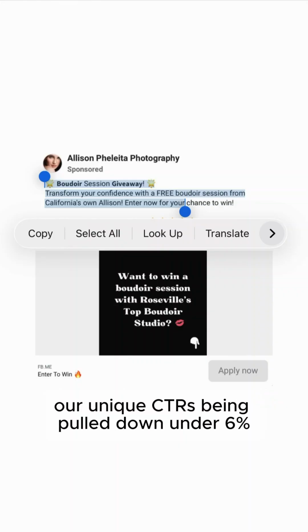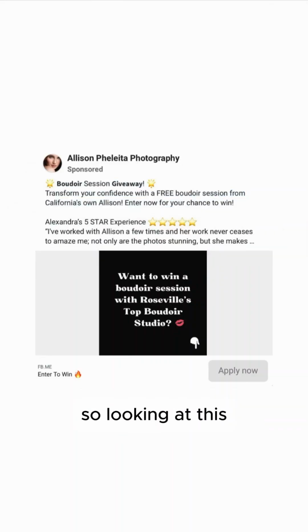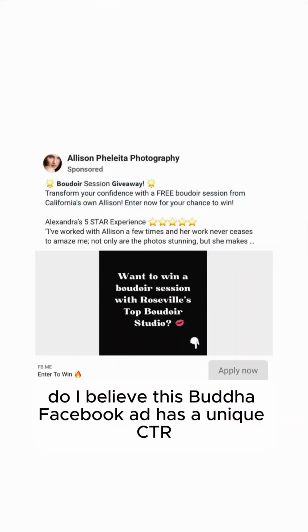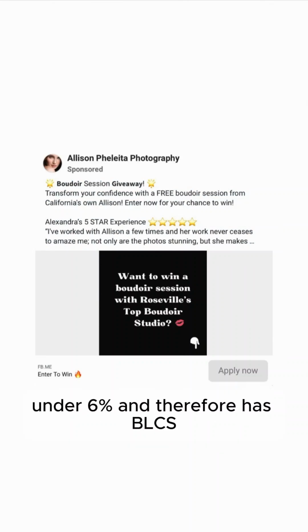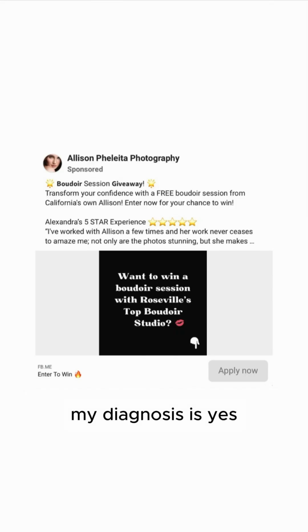Our unique CTR is being pulled down under 6%. So looking at this, do I believe this boudoir Facebook ad has a unique CTR under 6% and therefore has BLCS, aka boudoir low click syndrome? My diagnosis is yes. I do believe it does have boudoir low click syndrome.